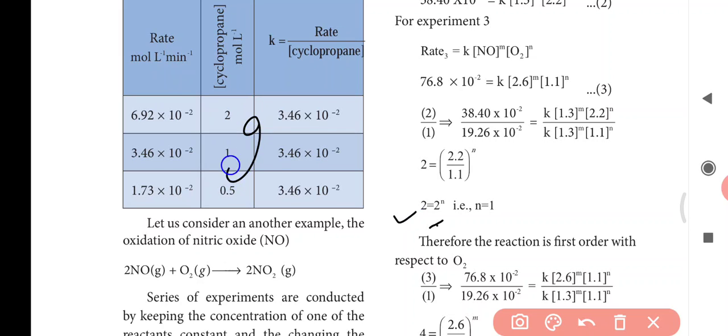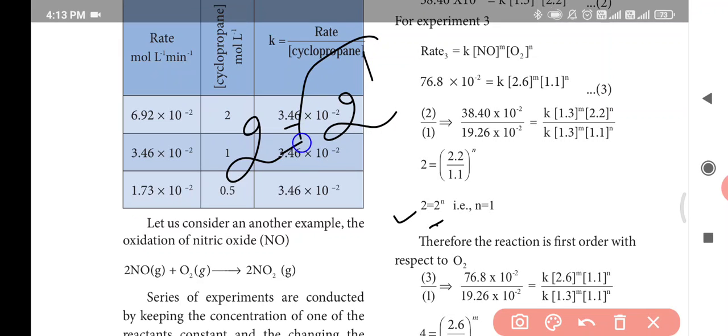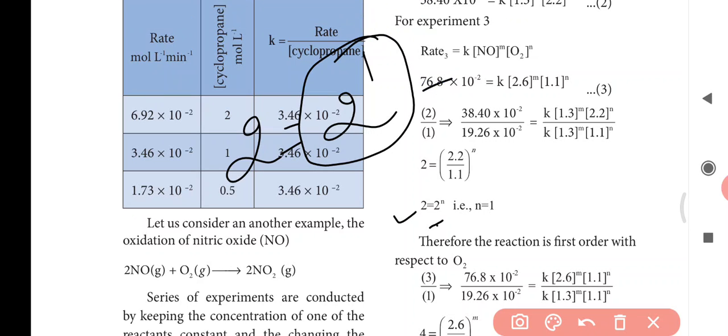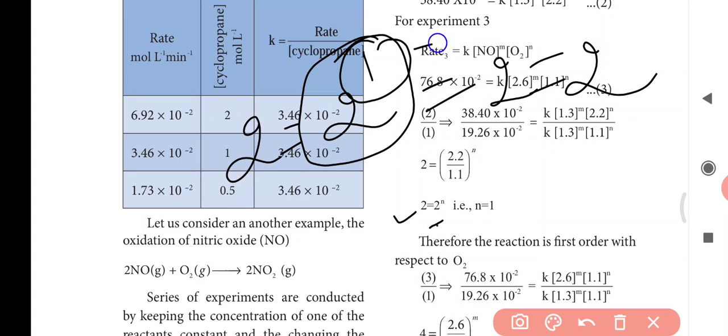Okay, 2 equal to 2 to what power? If you put the value of n equal to 1, 2 power 1 is also 2. Here 2 equal to 2, so the value of n is 1. Here you will get the value of order of reaction n.